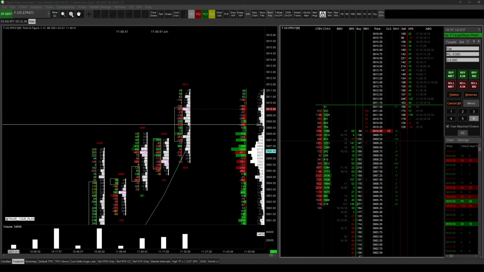Anyway, the CQG is taken care of by AMP, and then it's the Denali, and then paying for whatever package you have. And then the CME exchange fees, I just pay Sierra Chart and they'll take care of that.